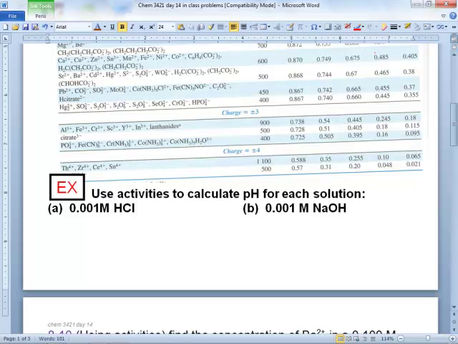So before, we would just plug pH is a negative log of concentration of H. But now we can't use that anymore. We have to say the negative log of the activity of H, right? Okay. So that's the negative log.